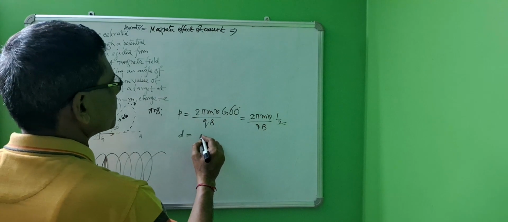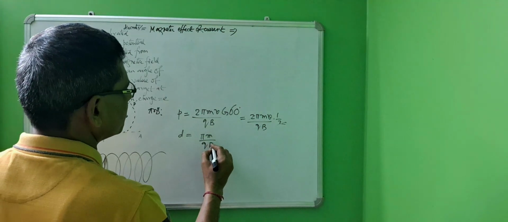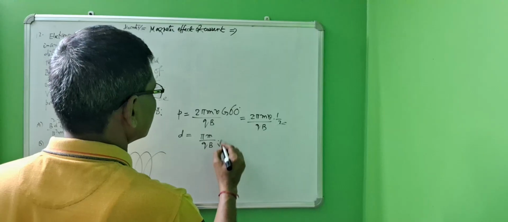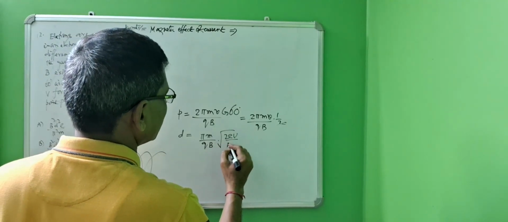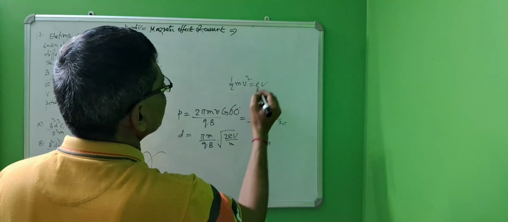So d equals twice pi m V upon QB, and V equals root over twice eV by m, because half mv square equals eV.